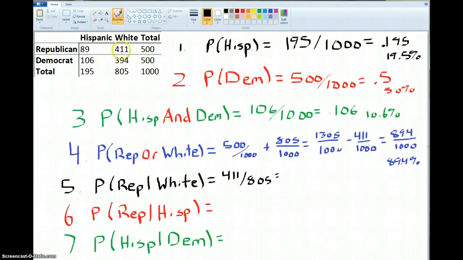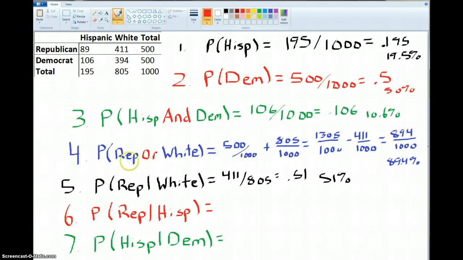And how many Republicans are there out of the total? 411 out of 805. That comes out to approximately 0.51, or if you want a percentage, 51%. So what we're saying here is, what's the chances we randomly select a Republican if we're given that we're only looking at the white people? It's a 51% chance.